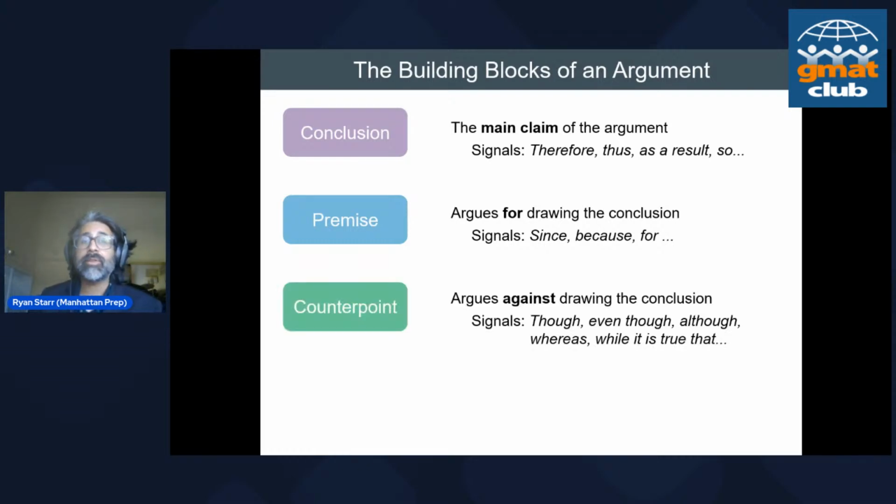One such thing is counterpoint, and I'd even break counterpoint down into two separate things. There will often be a claim that goes against the author's main conclusion in a boldface question, and there will often be a premise supporting that opposing claim. So counterpoint can really be a whole counter argument: a counter conclusion and a counter premise.